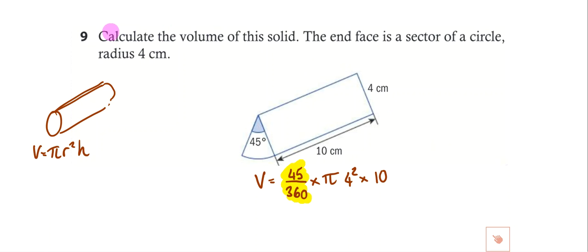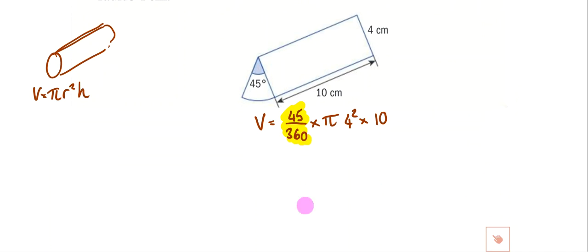So Steph already said that simplifies already, doesn't it? What's 45 over 360? There are 8 of them, so it's 1/8 times pi times 16 times 10. Can we do any cancellation at that point? Goes to 1 and 2.